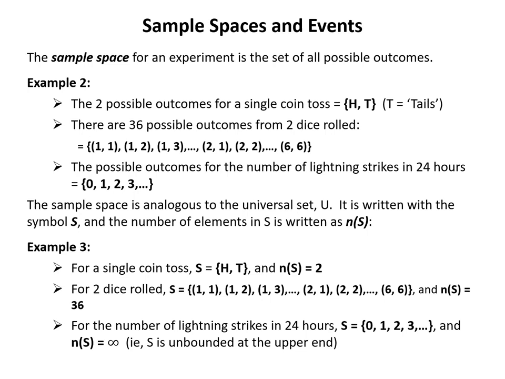The sample space for an experiment is the set of all possible outcomes. In example 2, we take a look at those same experiments we were discussing previously, and now we can list all of the possible outcomes. So for a single coin toss, there are 2 possible outcomes, and that is the set heads or tails.